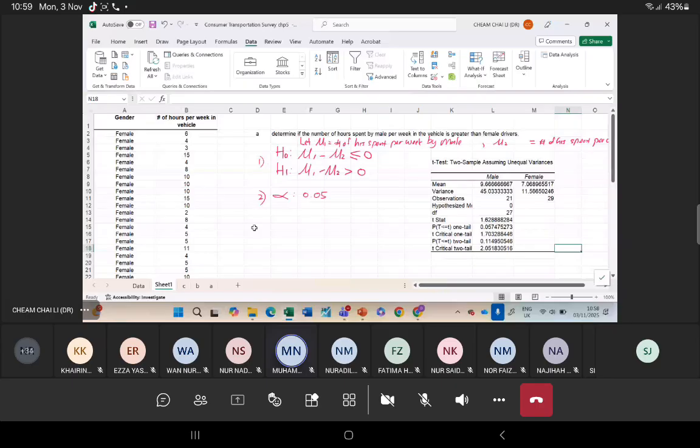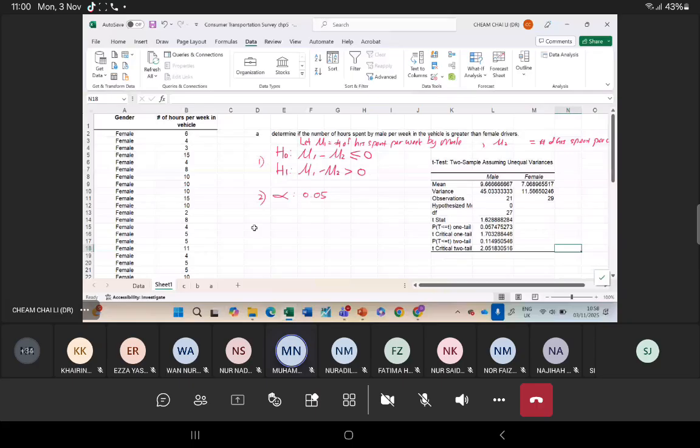This is the t-stat, 1.6289. This is p-value for 1 tail, critical value 1 tail, p-value 2 tail, critical value 2 tail. So dia dah keluar semua, and you yourself have to know which number to take, right? What number to take depends on the hypothesis, right?